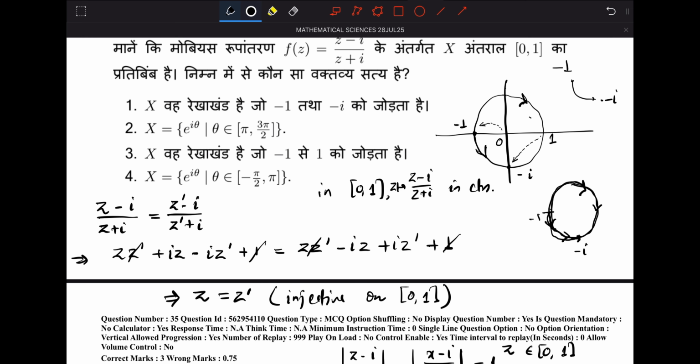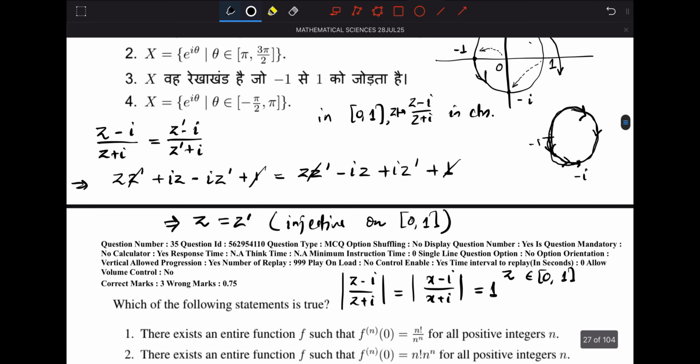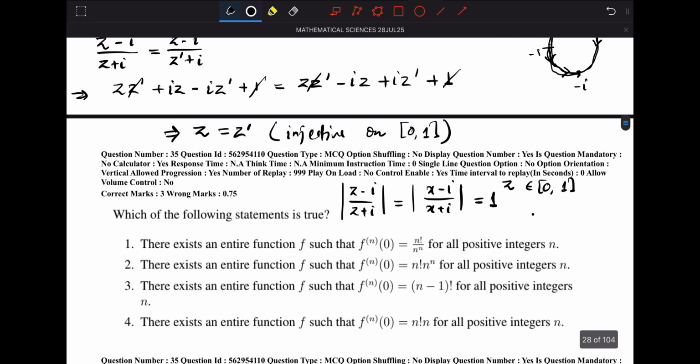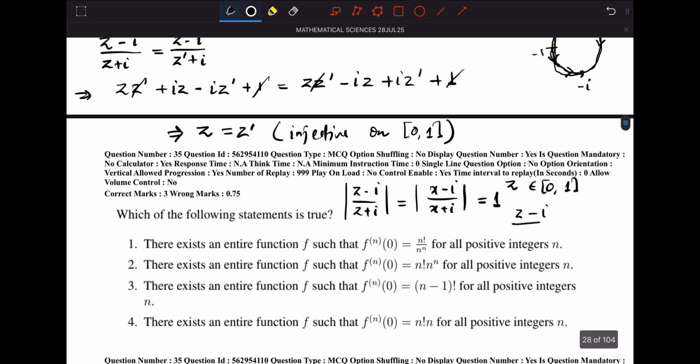But if the path through the first quadrant is happening, then 1 should lie inside the image, right? But (z minus i) divided by (z plus i) equal to 1 has no solution.